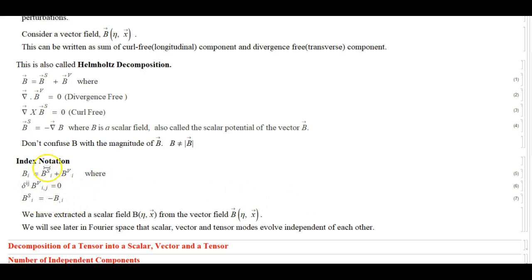And this relation, B_S is equal to minus del B. Sorry, this is not a constraint, but writing B_S in terms of B. So when you write B_S in terms of B, the vector B_S is equal to minus the partial derivative of B with respect to i.